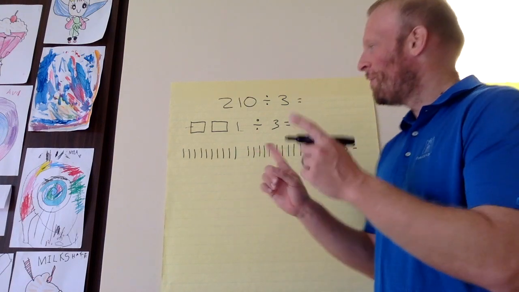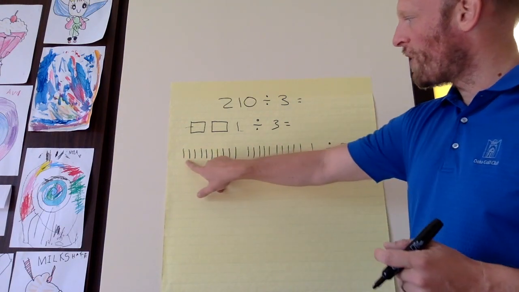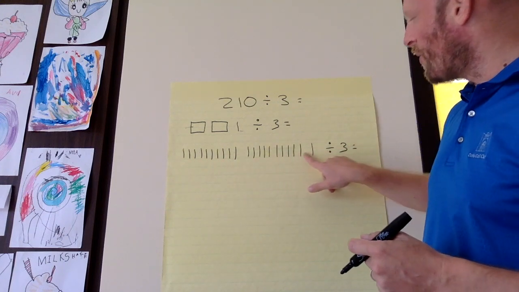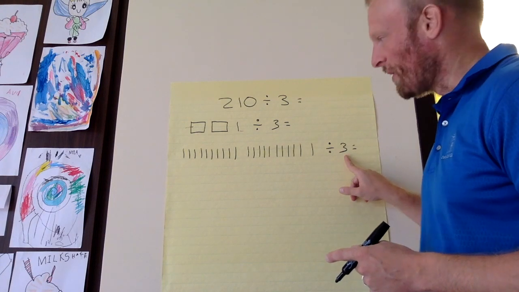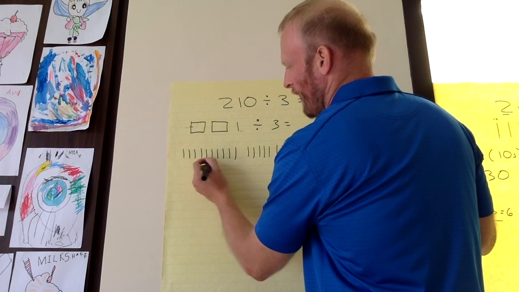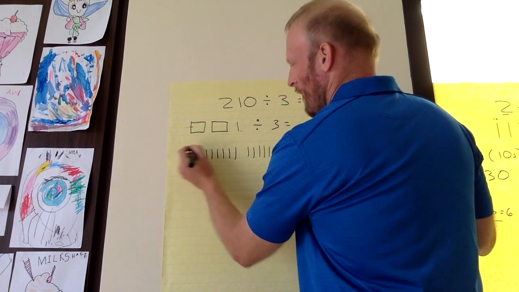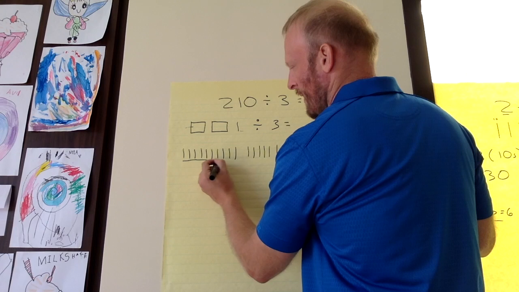Not 7, but 70. So if I start counting out, I should be able to make 3 equal groups of 70, and that should solve my problem. 10, 20, 30, 40, 50, 60, 70.